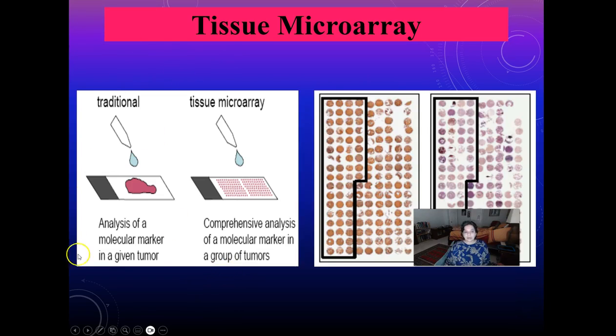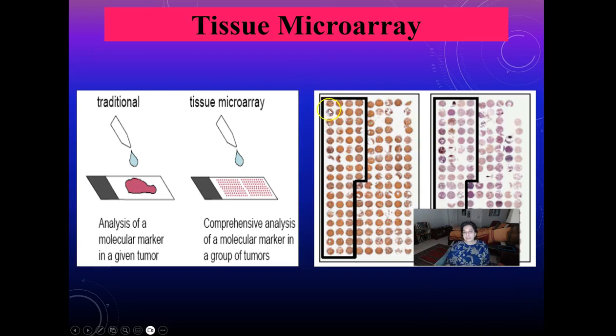So instead of looking at just one tissue on a slide, nowadays we can create tissue microarrays where you can examine many tissue sections at the same time on the same slide.